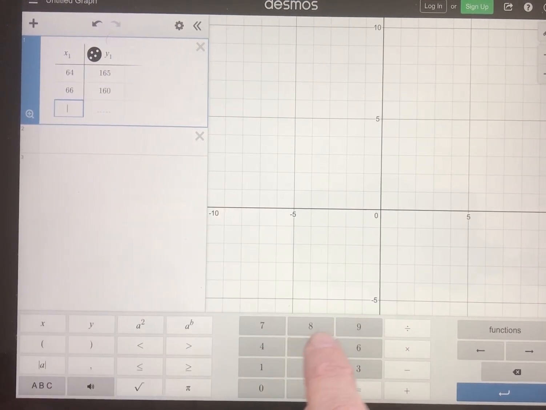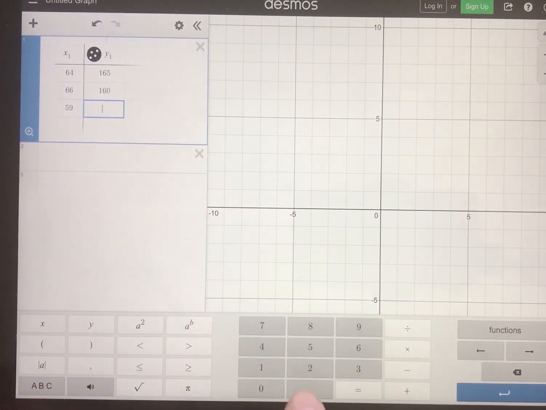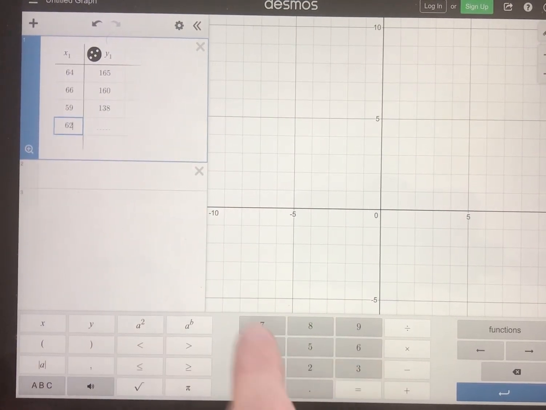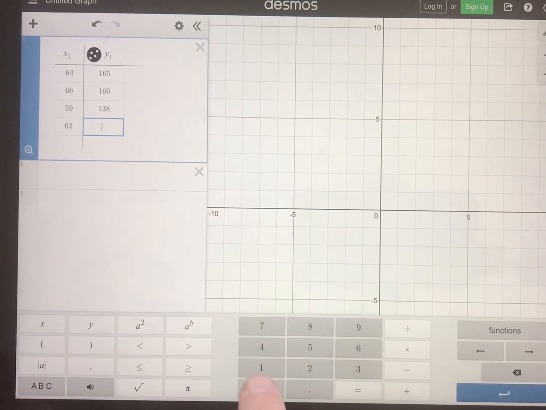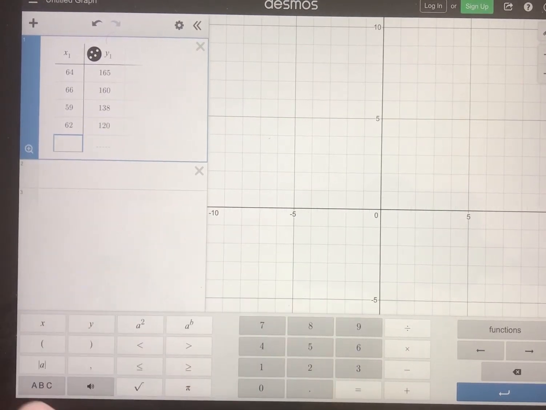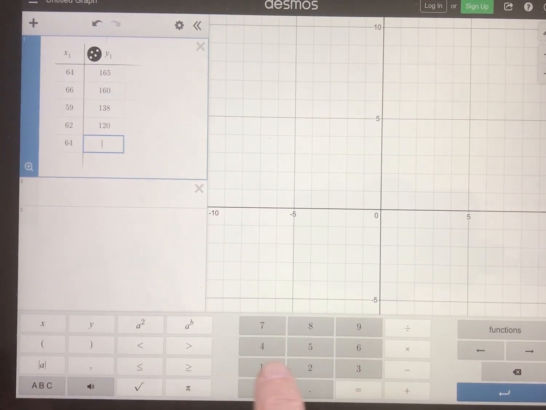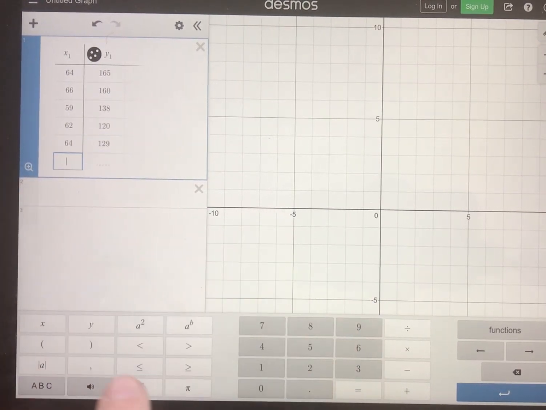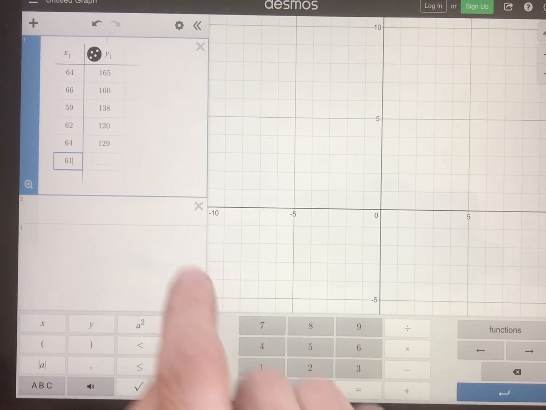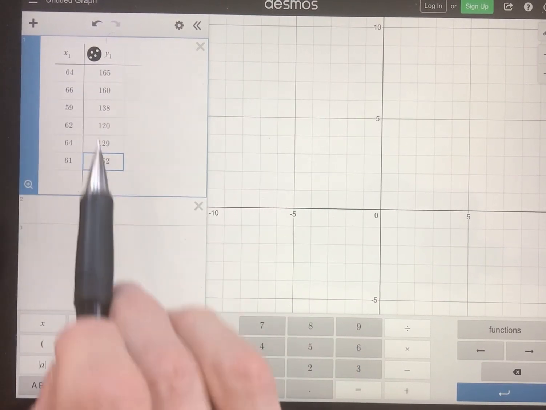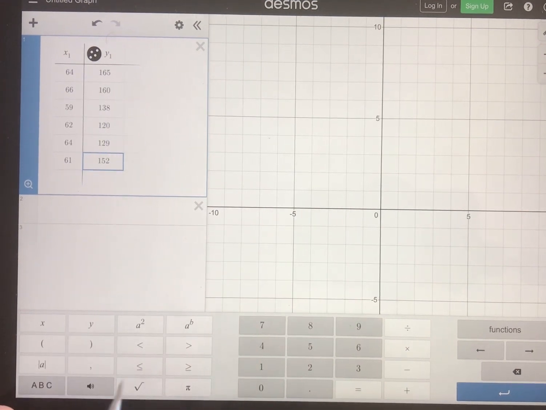Person C, 59, matching up to 138 pounds. Person D, 62 inches, 120 pounds. Person E, 64 inches and 129 pounds. Person F, 61 inches and weighing 152 pounds. So there's my table of values.